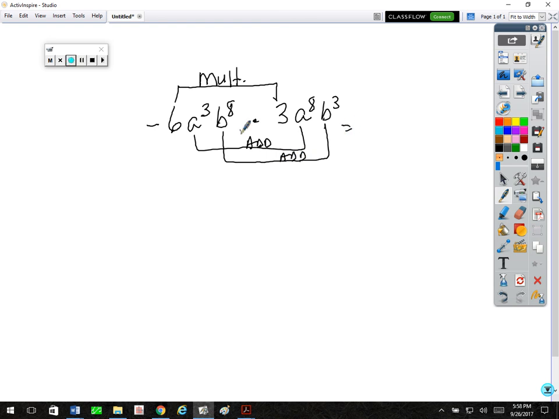So negative 6 times 3 is negative 18. My base of a and a base of a, so I have 3 plus 8. Then I have a base of b, I have 8 plus 3. So to finish this out, we have negative 18, a, 3 plus 8 is 11, b, 8 plus 3 is 11. So there's your final answer.